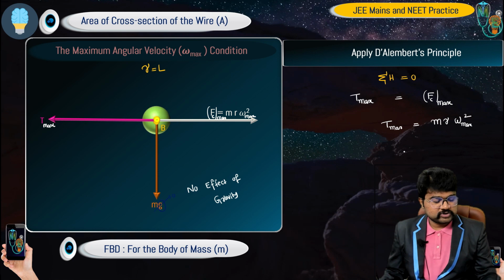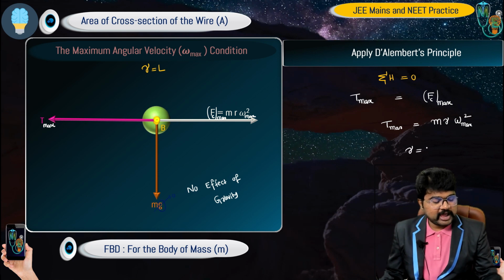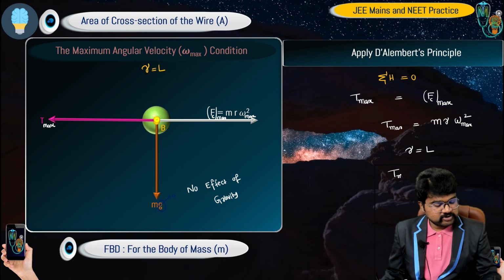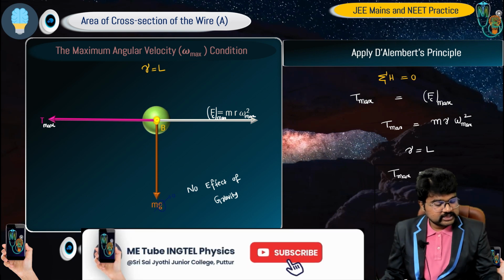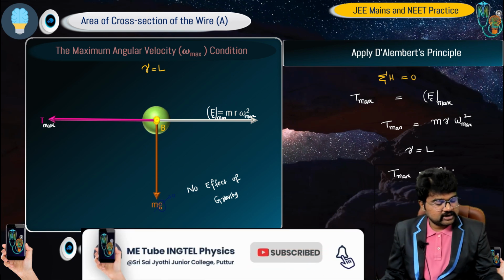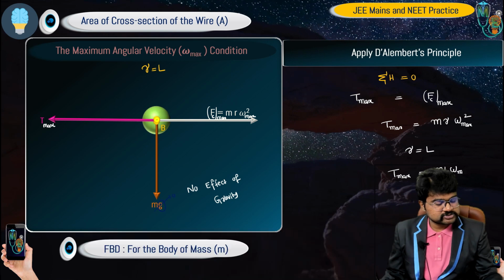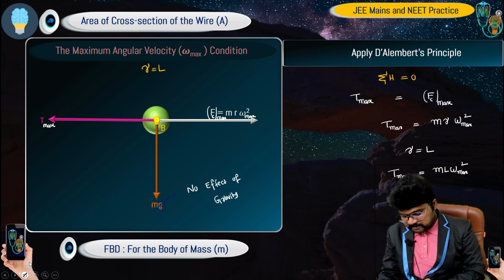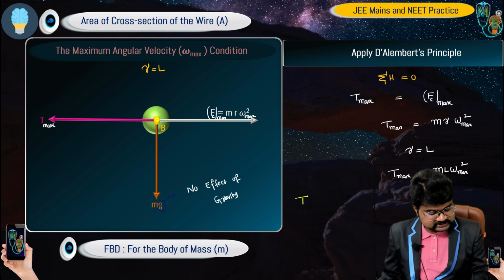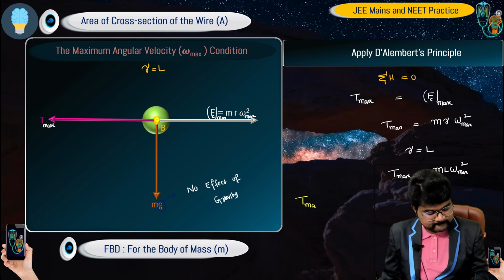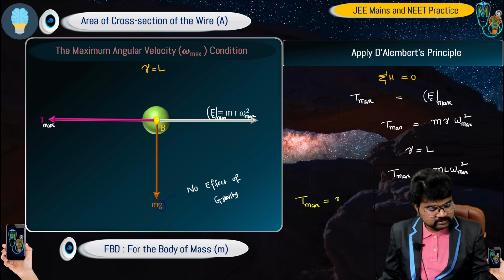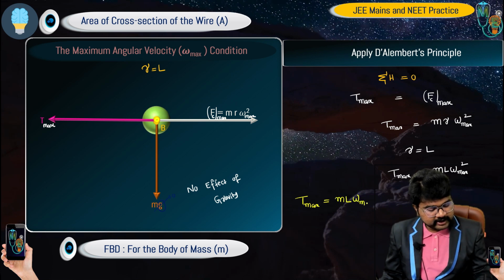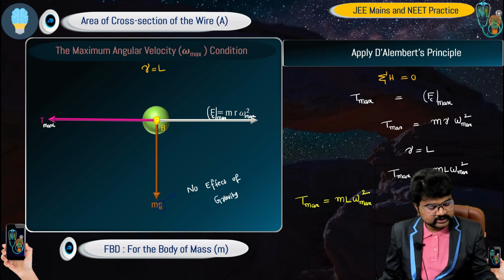Here R equal to L at maximum angular velocity condition. What is the T maximum? You can write m times L omega maximum square.